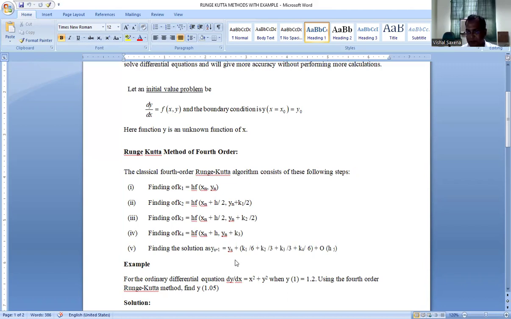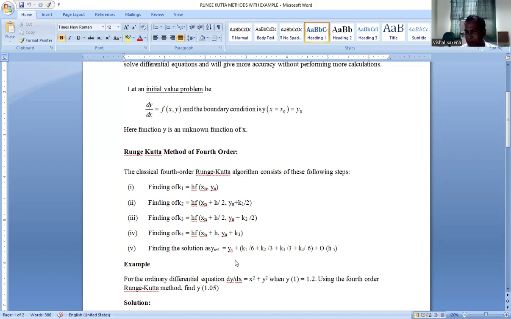By finding K1, K2, K3 and K4, finally we have the formula for the solution y, in terms of the dependent variable y, whose n plus 1 value is given by yn plus 1 equal to yn plus K1 by 6 plus K2 by 3 plus K3 by 3 plus K4 by 6.